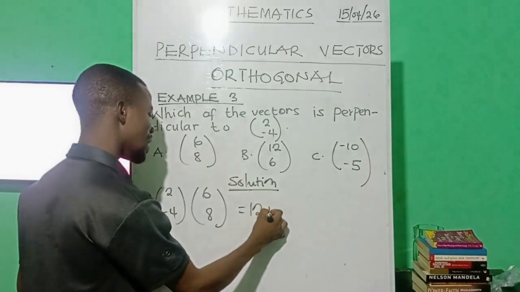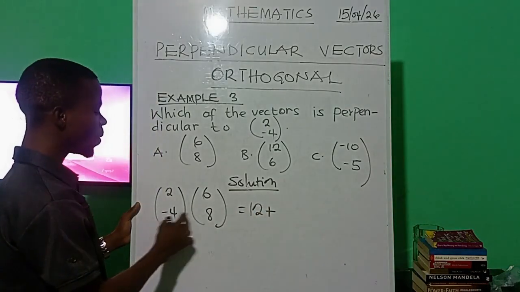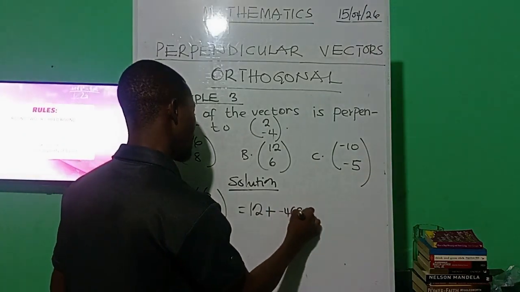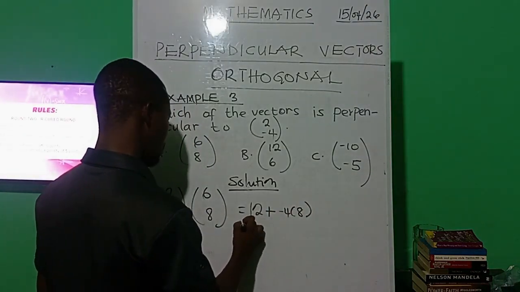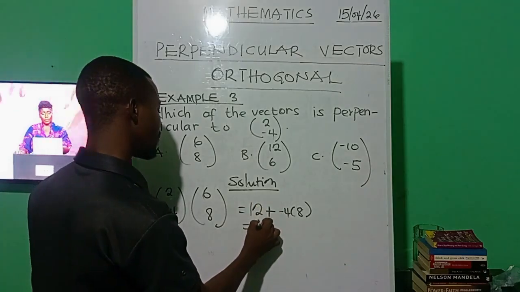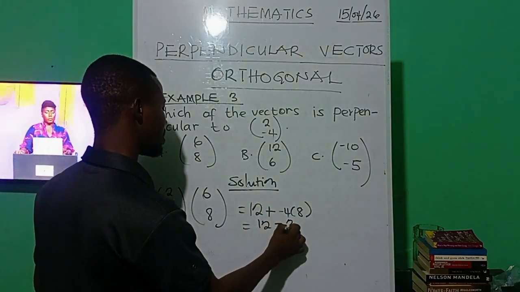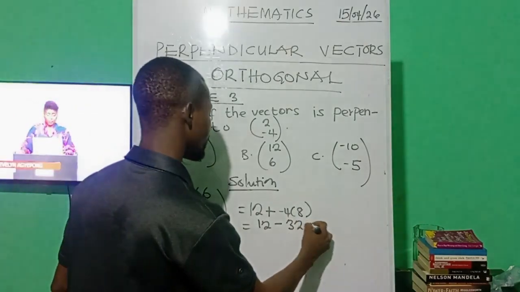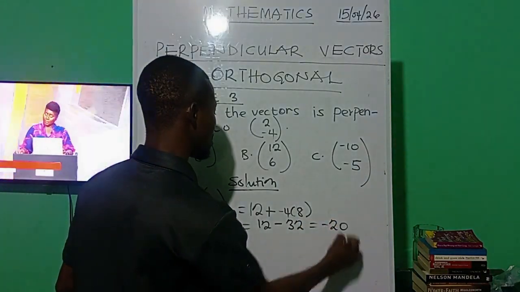Then you add it to negative 4 by 8, which is negative 32. This will be equal to 12 minus 32, and that will be negative 20.